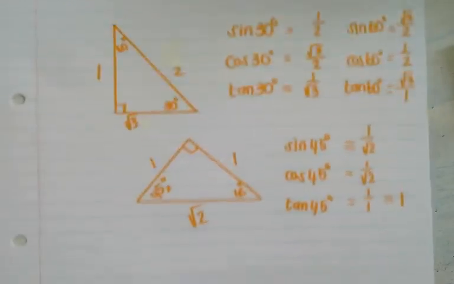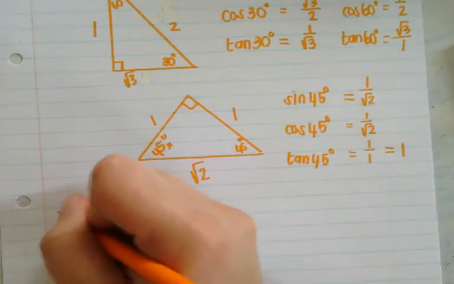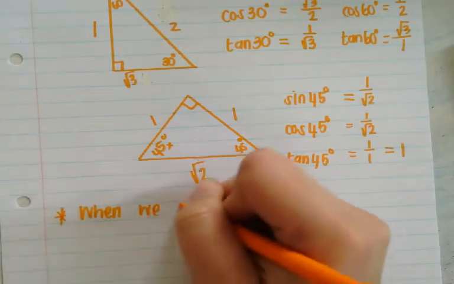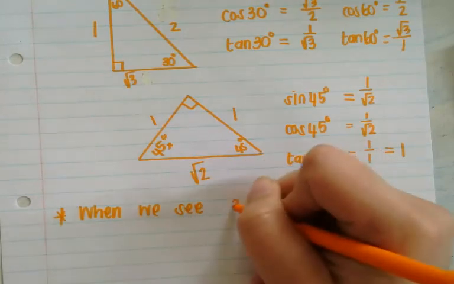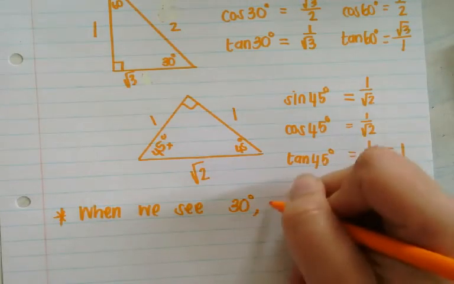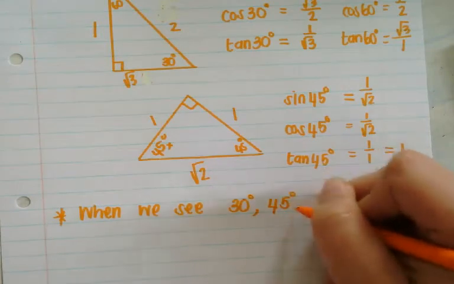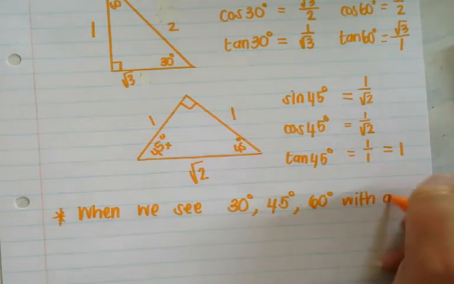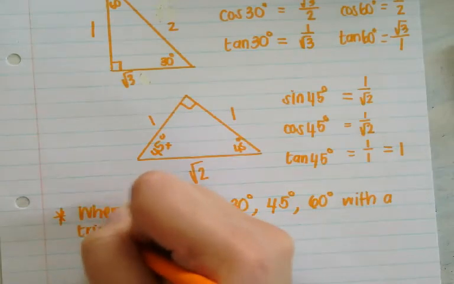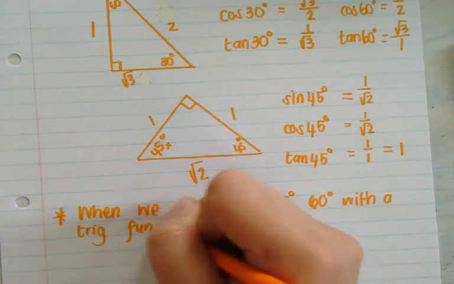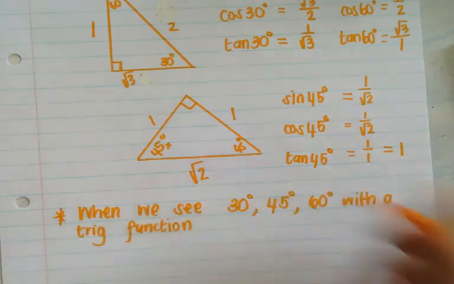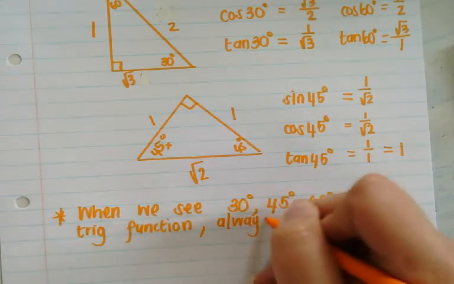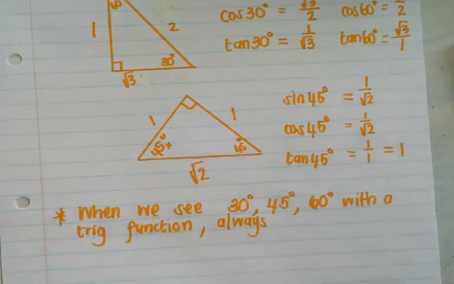So the note that we're going to write at the bottom: when we see 30, 45, or 60 degrees with the trig function, we are going to always change it to the special ratios.